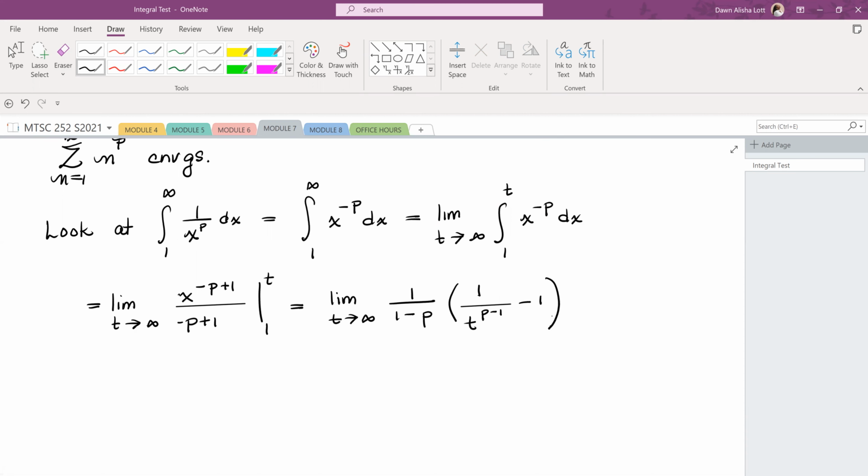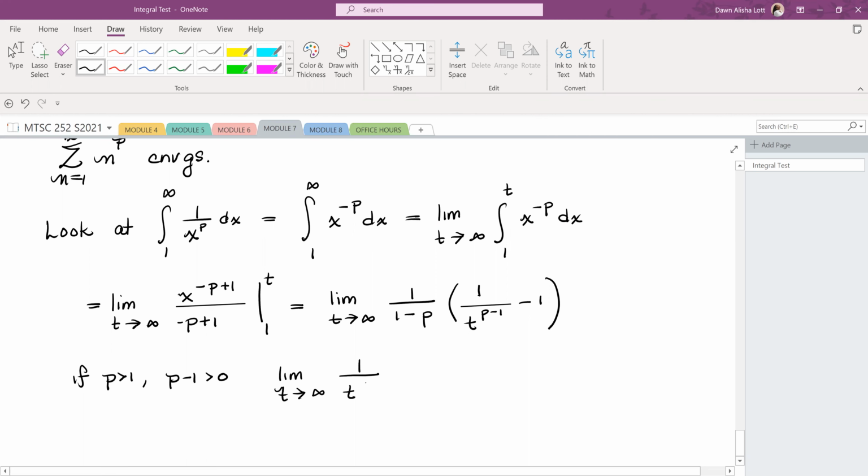Now, if p is greater than 1, then p minus 1 is greater than 0. But that means that the limit as t approaches infinity of 1 over t to the p minus 1 is 0, because it's going to a positive power in the denominator. t is going to infinity.